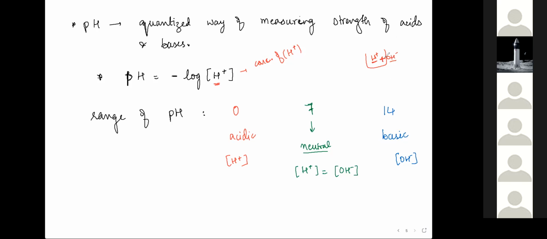Then, based on how much of a base you took, there is a way to derive the quantity of H plus ions if you know how much OH minus ions are there. So it's a little complicated. This is exactly what you will study in grade 11. The whole chapter on equilibrium is based on figuring out the strength of acids and bases.